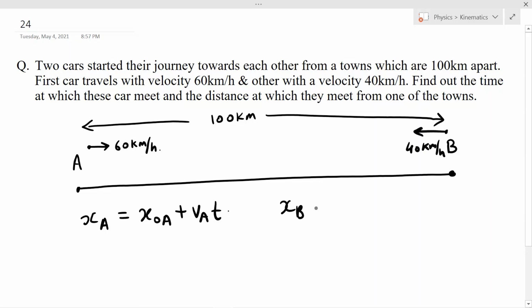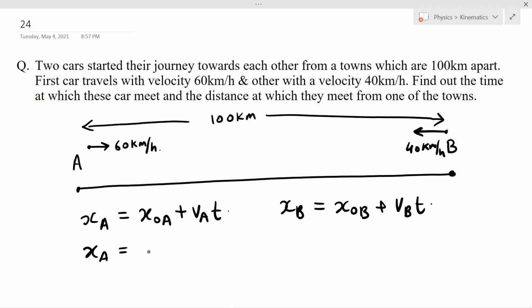So this is xb, which is x0b plus vb times t. Now what is xa? It is some distance that the car will go from this position A in time t.